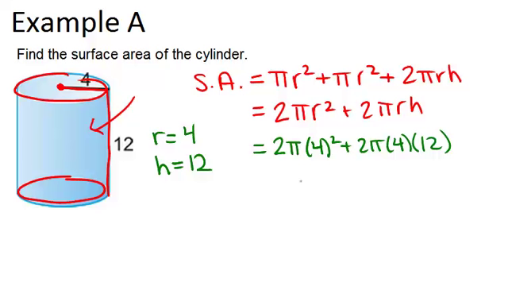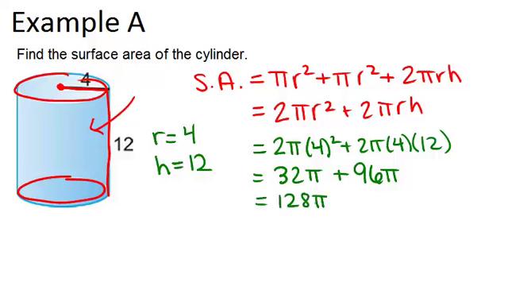Now you want to keep simplifying. 4 squared is 16 and multiply by 2 and you get 32. So this part is 32 pi. Over here, 4 times 12 is 48 and then times 2 is 96. So we get 96 pi, and then we can combine these together in order to get 128 pi.